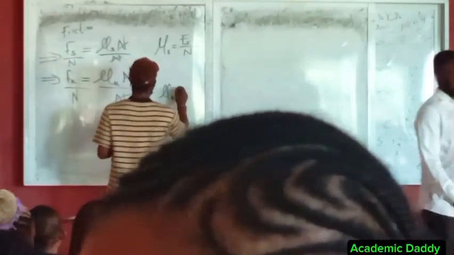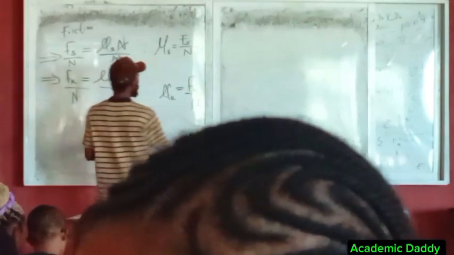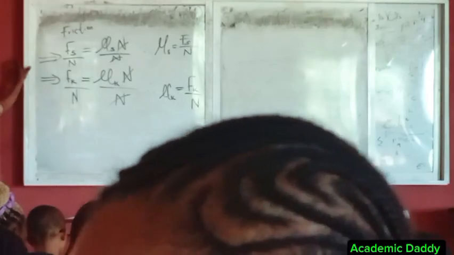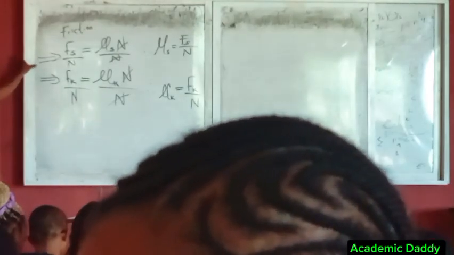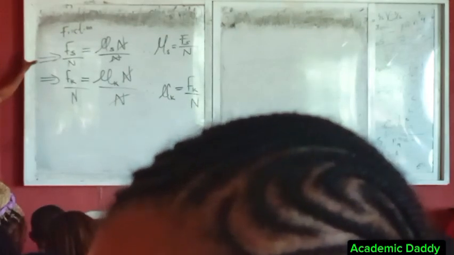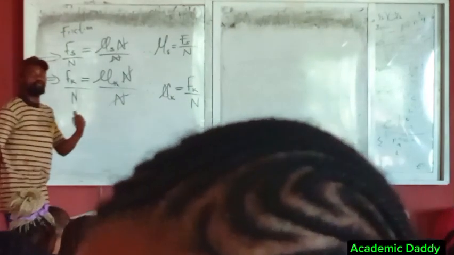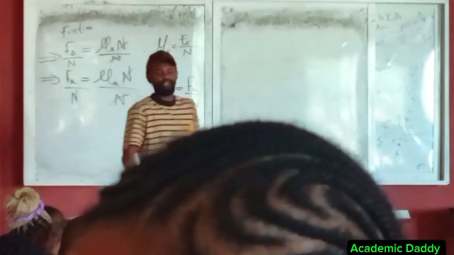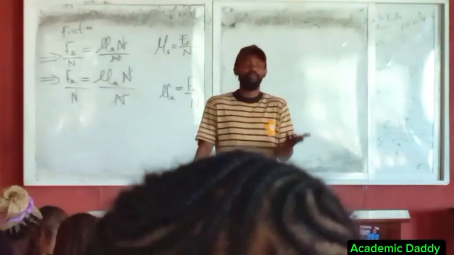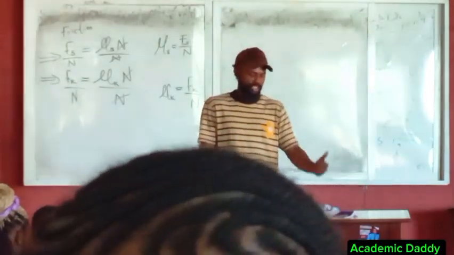And if we do the same thing here, the coefficient of kinetic friction equals kinetic friction all over normal reaction. Check the note: kinetic friction is the friction possessed by a body when it is in motion. Even though most of the time they don't tell you about the friction of a moving body, every body that is moving has it.